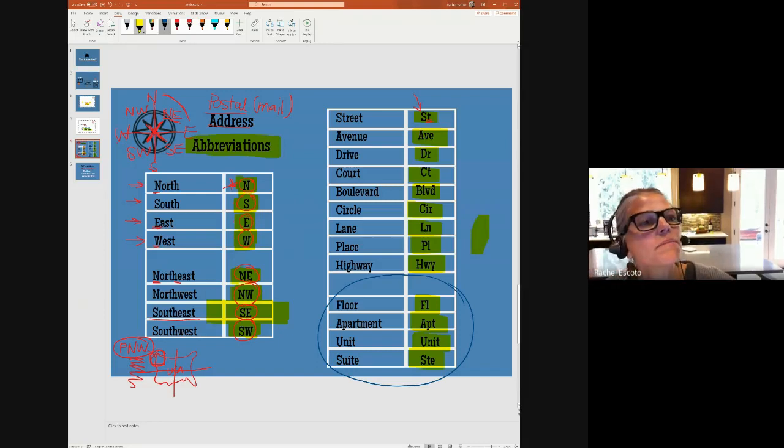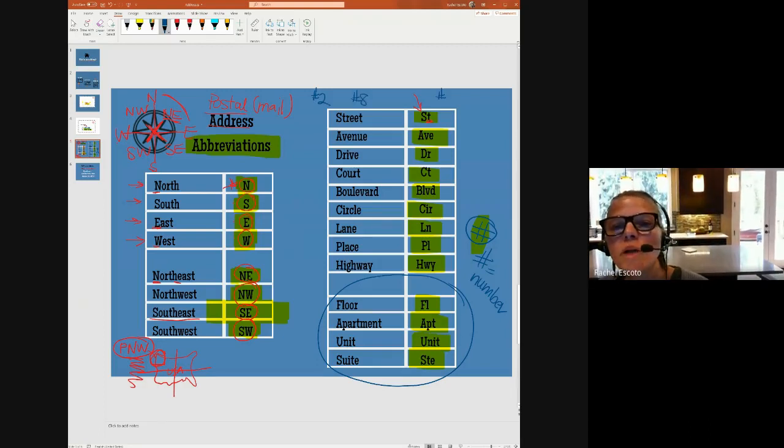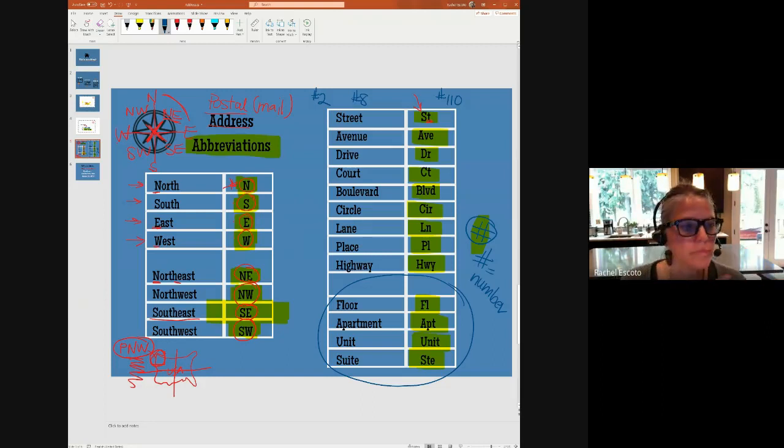This symbol right here means number, right? So if you see number 2, number 8, number 110, that symbol is called hashtag. It means number. Okay, I'm going to do some erasing and we're going to go over this one more time.